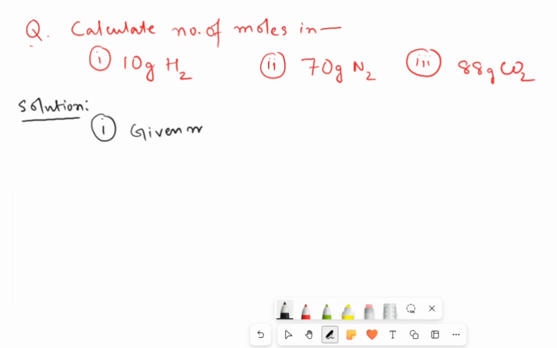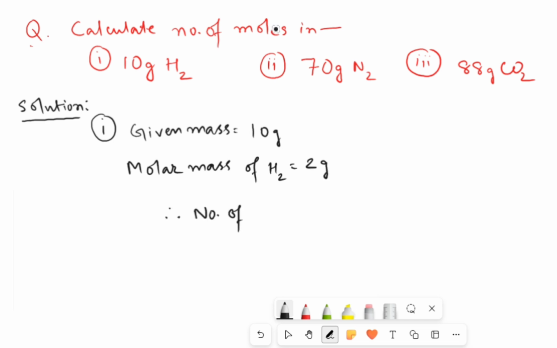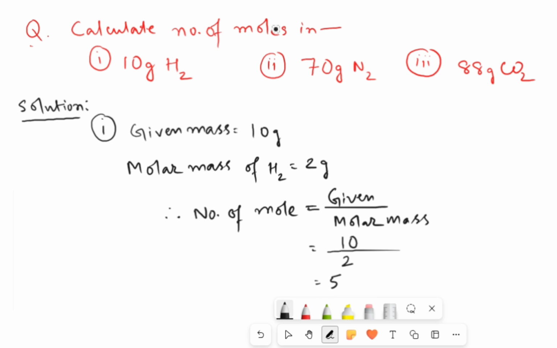So we will write given mass is equal to 10 gram and molar mass of H2, which is equal to 2 gram. Therefore number of mole will be equal to given mass by molar mass, that is 10 gram divided by 2 gram. So it will give us 5 mole.